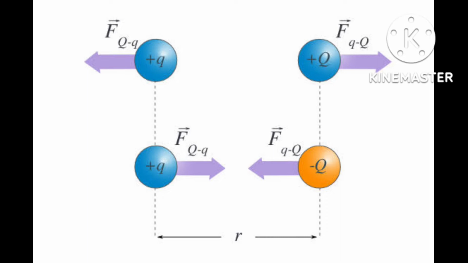Listen carefully: the discussion of valence bond theory is based on the knowledge of, first, atomic orbitals; second, electronic configuration of elements; third, the overlap criteria of atomic orbitals; fourth, the hybridization of atomic orbitals; and fifth, the principles of variation and superposition.